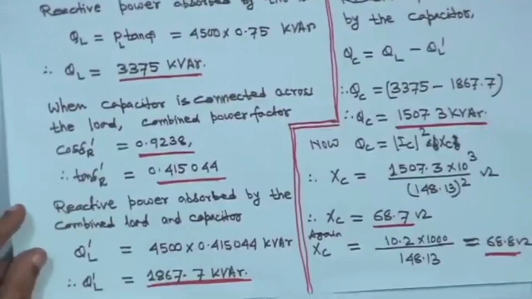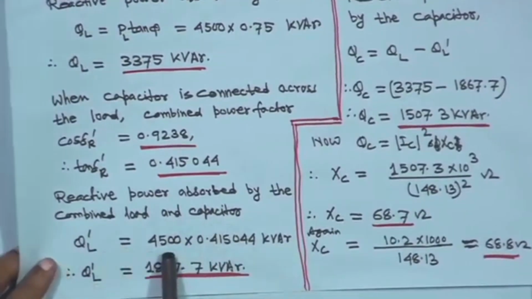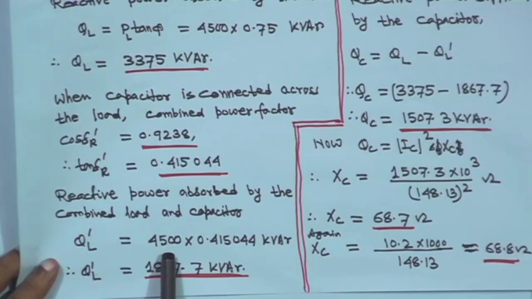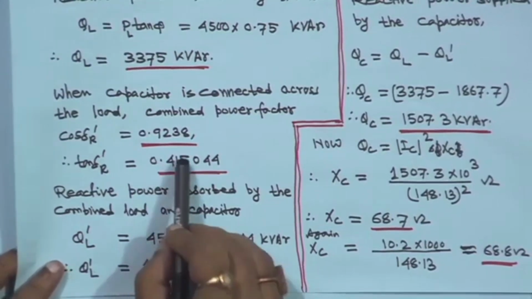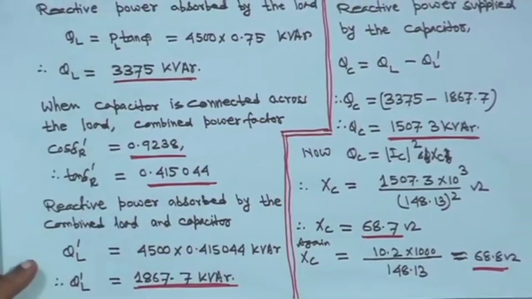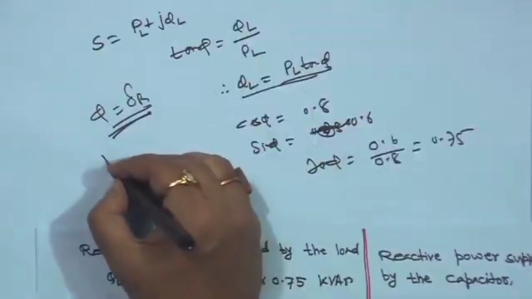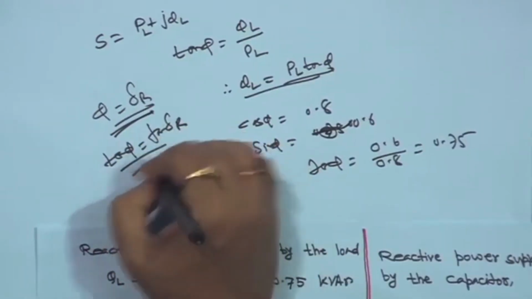So QL dash is equal to 4500, as the capacitor does not draw any real power, so real power will remain the same, into tan of delta R dash. So tan phi actually is equal to tan delta R.